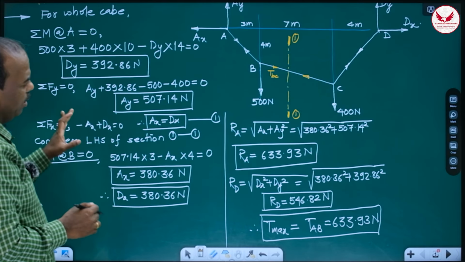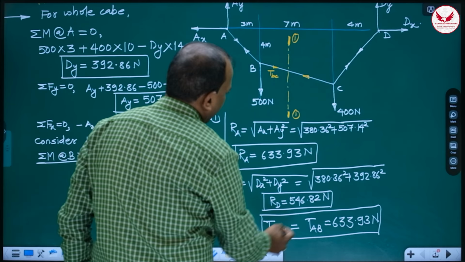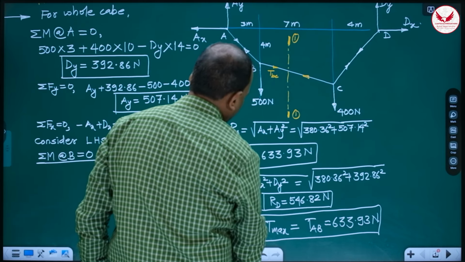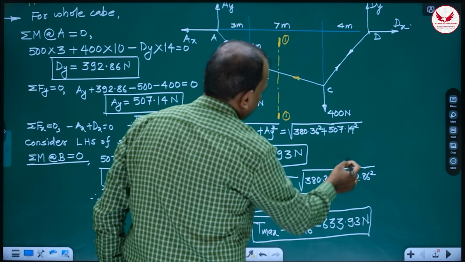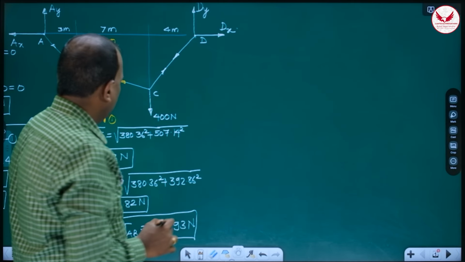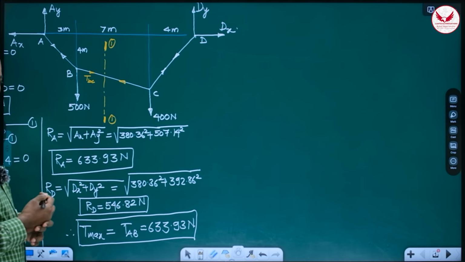But again, I wish to add a few questions on this. Easily we have this solution, and see how we can add to it. Suppose the force in all the segments is asked.